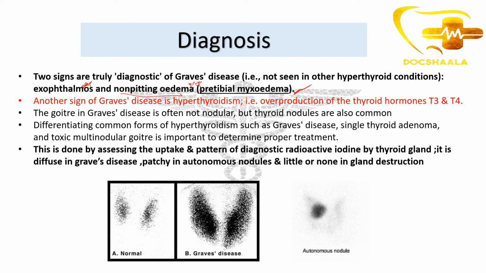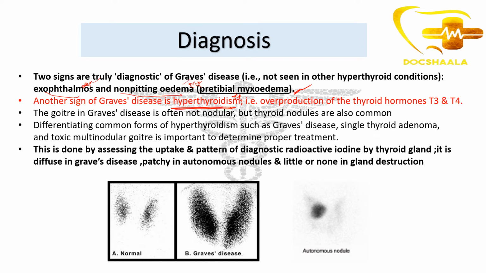So keep in mind, another sign of Graves' disease is hypothyroidism. Since it is also a sign of Graves' disease, we find so many symptoms similar to hypothyroidism. To differentiate hypothyroidism and Graves' disease, we take these two signs as diagnostic signs.